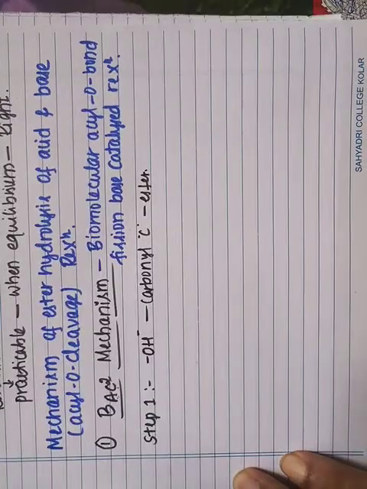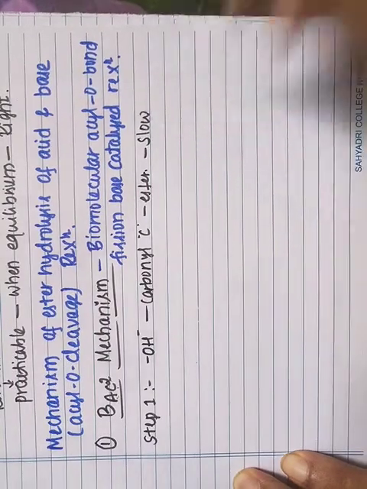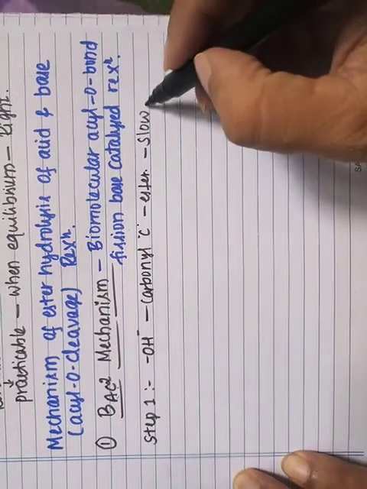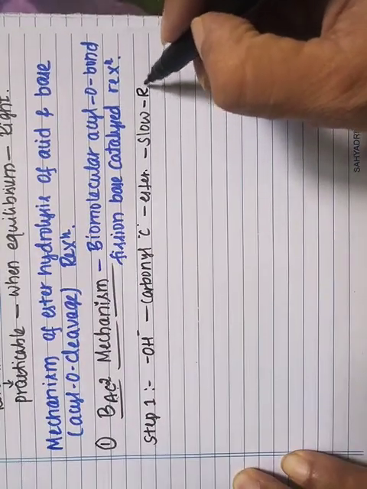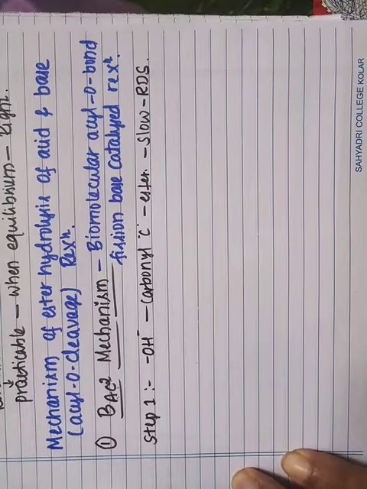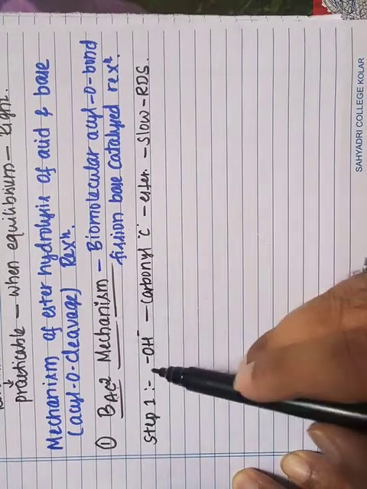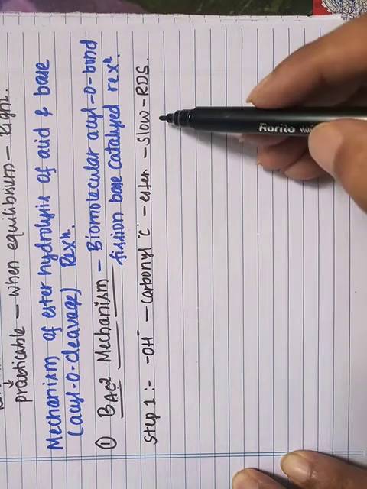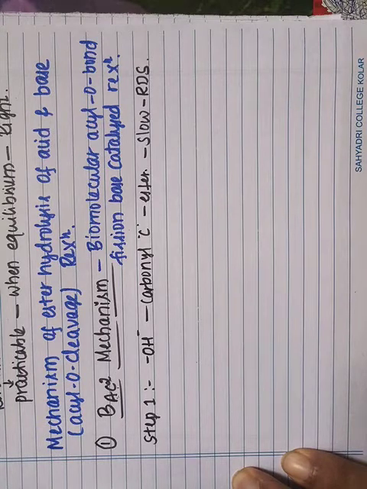This step is slow. Therefore the first step in this reaction is the rate determining step. The slowest step of the reaction is called the rate determining step. So in the BAC2 mechanism, step 1 is the slowest step.